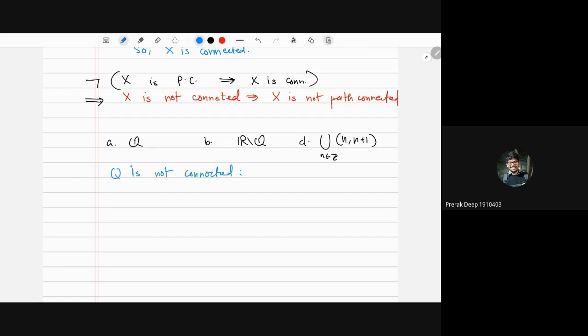I started with the irrational, in the subspace topology on Q, so you need to take the intersection with Q. Minus infinity to root 2 intersection with Q, union root 2 to infinity intersection with Q. This whole thing is equal to Q. So this is the separation. Similarly for R minus Q, we had given one separation last time, so it is also not connected.